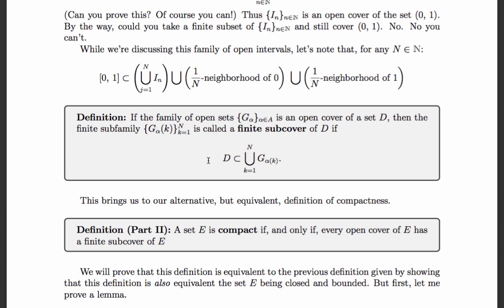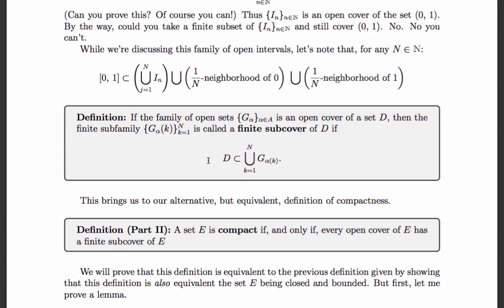In the last lecture, we said a set is compact if every sequence of entries has a convergent subsequence with a limit in E. So this is a very different way of viewing the real lines. But in fact, the two definitions are equivalent.